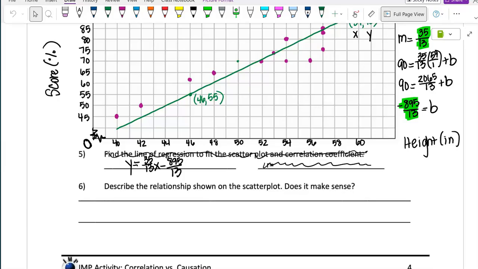So we've done all that part, and now it's asking us to describe the relationship shown on the scatter plot.